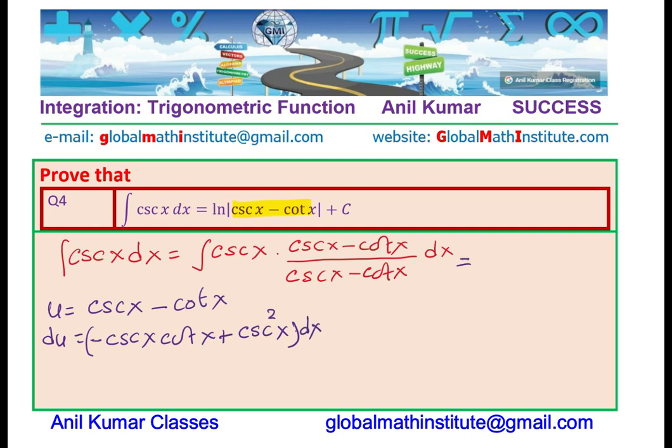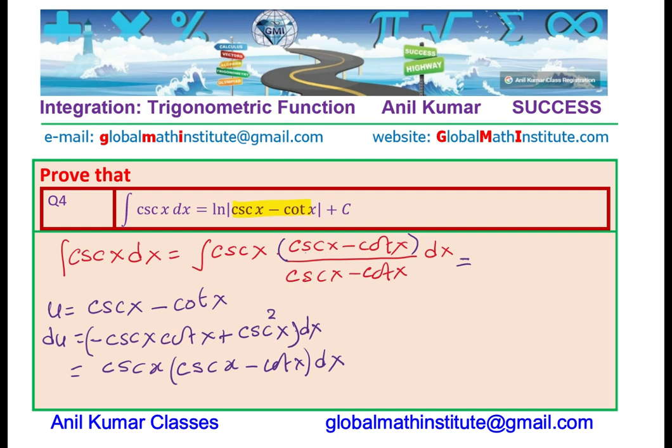So you can see that we can rewrite the numerator, which is cosecant x times cosecant x minus cot x. I could actually factor this out and then rewrite it, correct? So when I factor cosecant x out and rearrange, I get cosecant x minus cot x dx.